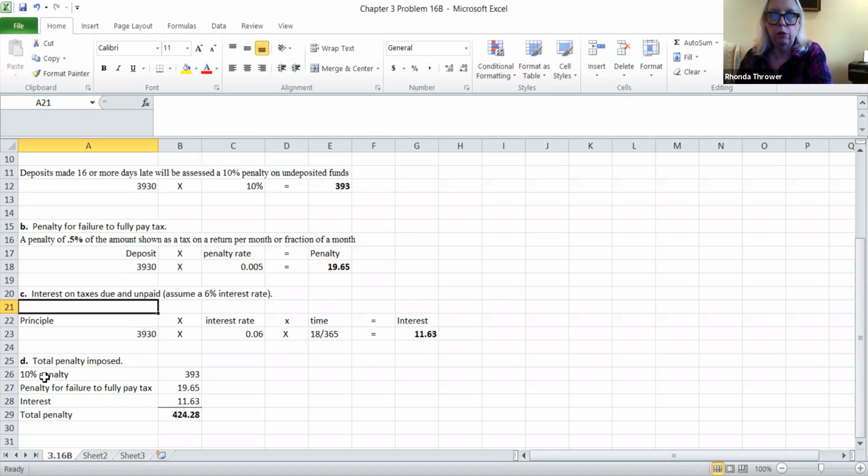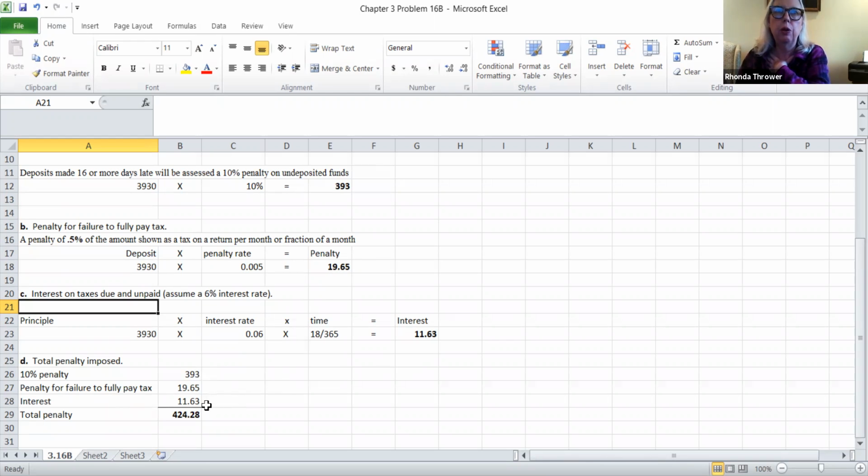But if it's over 16 days, then we got socked with the 10% penalty that we found in the first part of this problem. We also got socked with the penalty for failure to fully pay the tax of $19.65 that we found here. And the interest that we were charged for it being late was this.